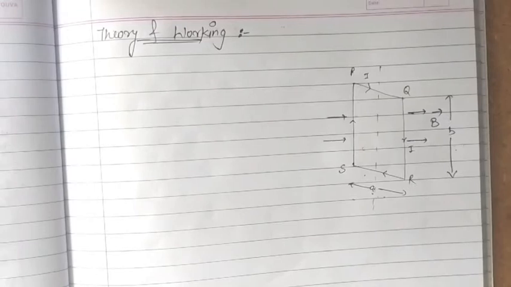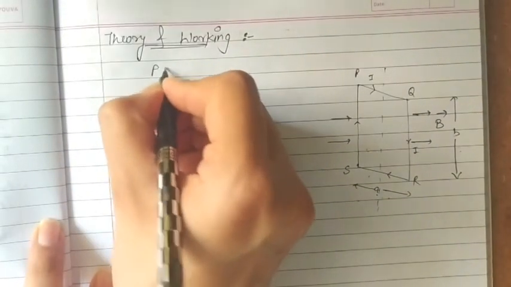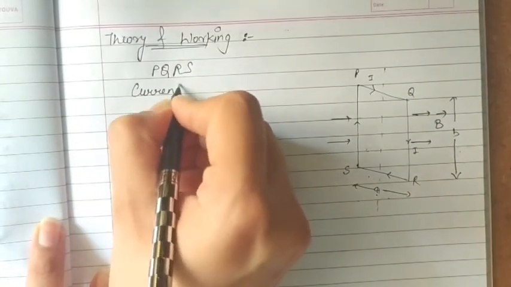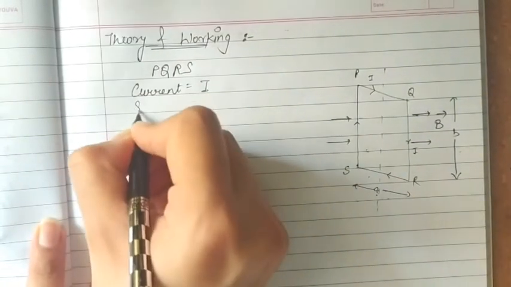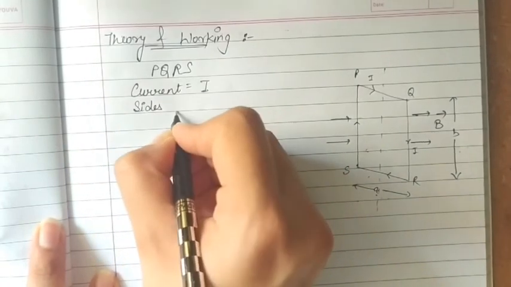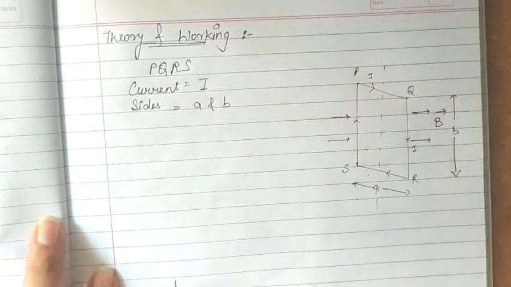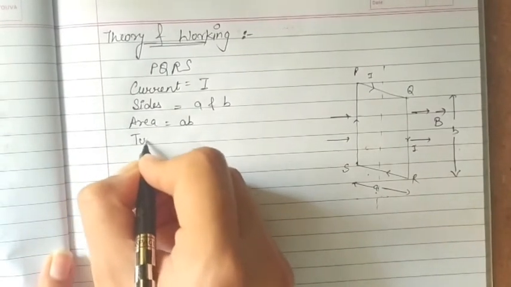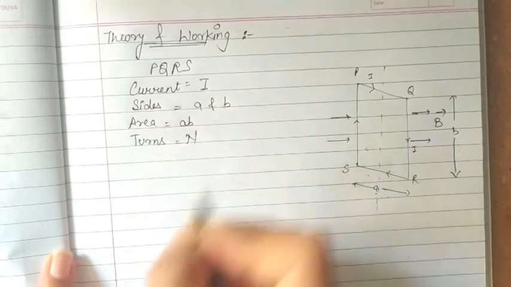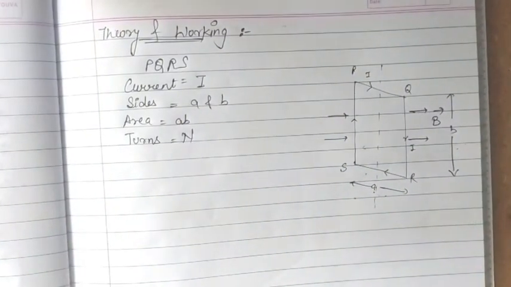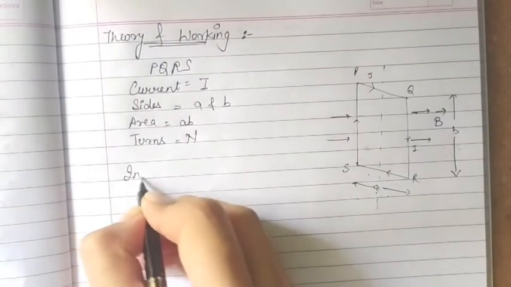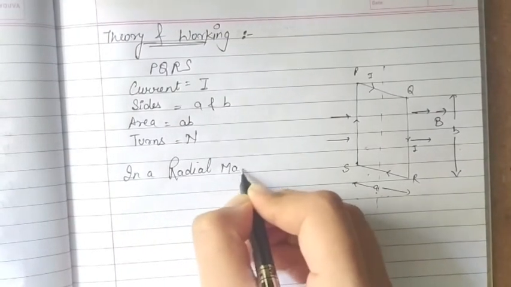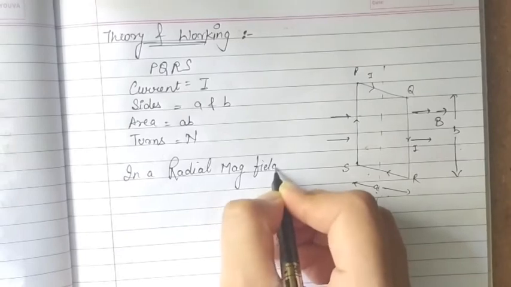So we have a coil PQRS having current capital I, sides a and b respectively, area ab, and turns capital N. This kind of coil we have in a radial magnetic field B vector.